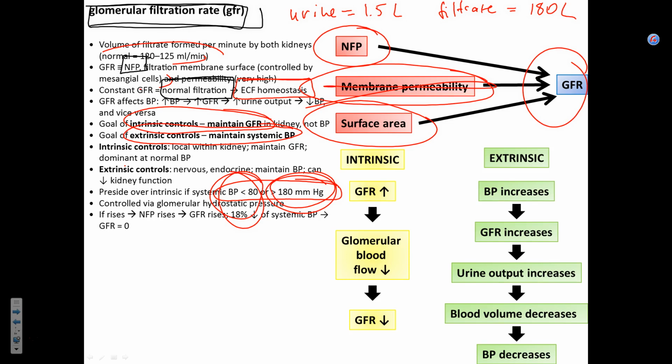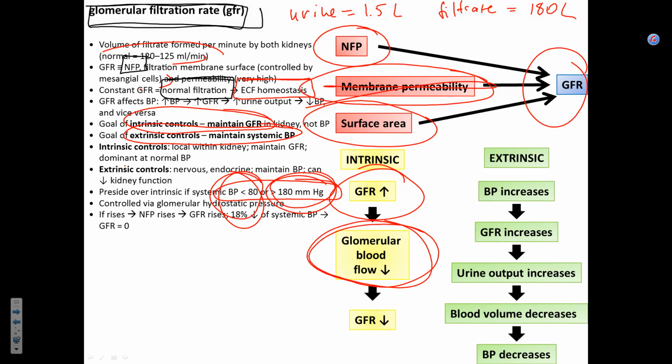So imagine there is a slight increase in blood pressure. Say you drank a gallon of water. Increased blood volume, increased blood pressure. How does it affect GFR? It immediately increases, right? Which immediately leads to the response from the kidney to reduce the blood flow through the glomerulus.